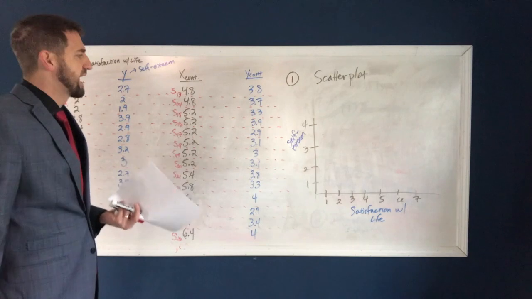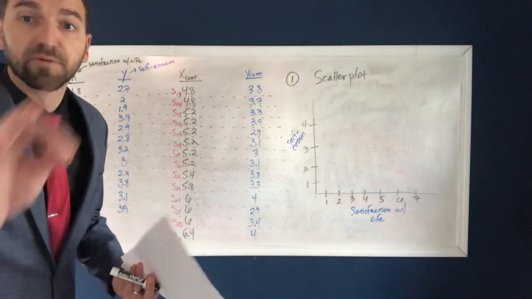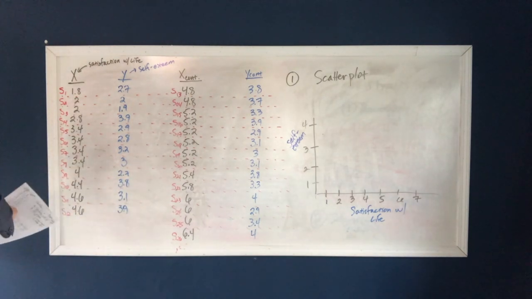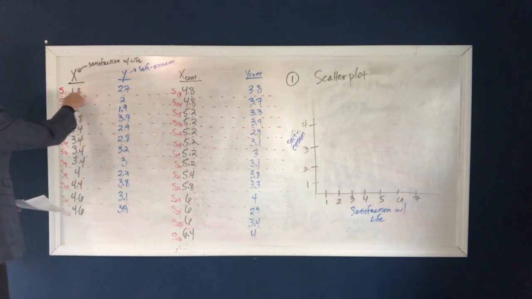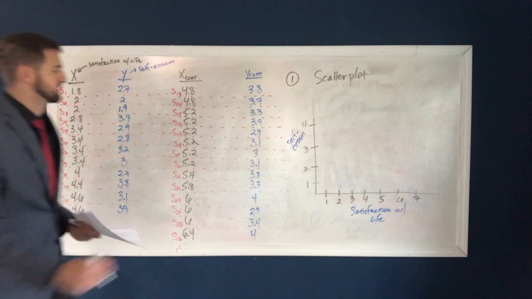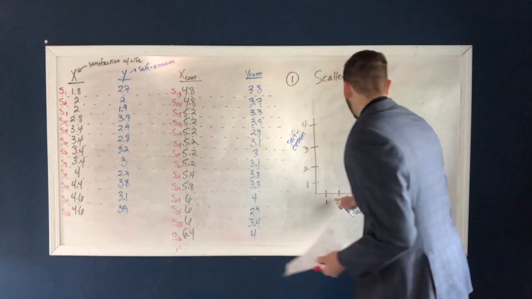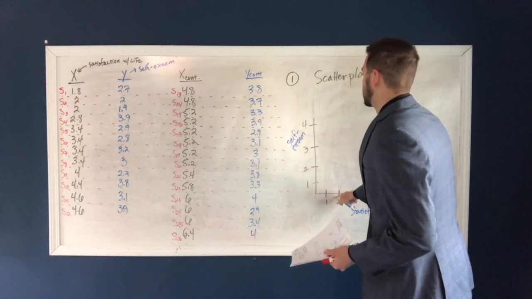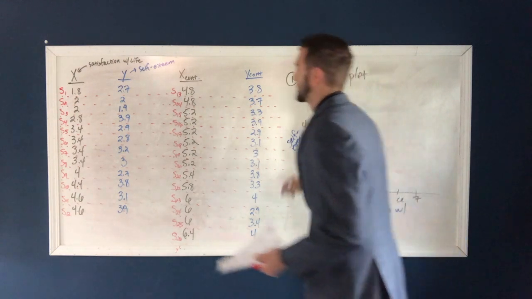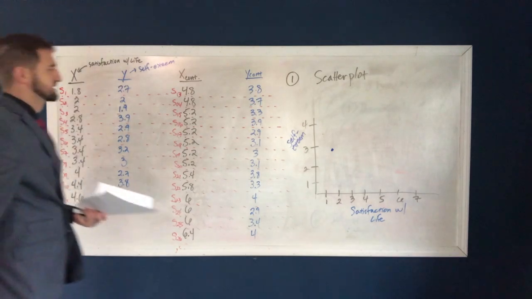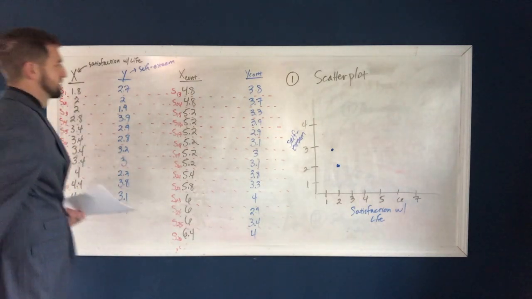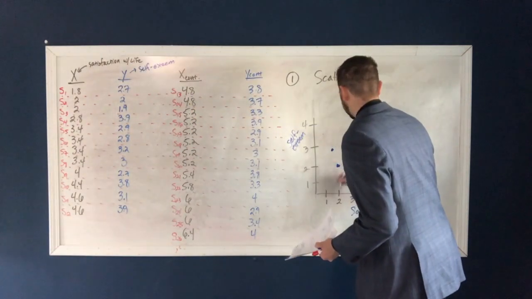Okay, so now all we have to do is plot the points that we're given, right? So for subject 1, they have an x of 1.8 and a y of 2.7. Okay. So I'm just going to plot all these points. Subject 2 is 2 and 2. Subject 3 is 2 and 1.9, which is basically the same.